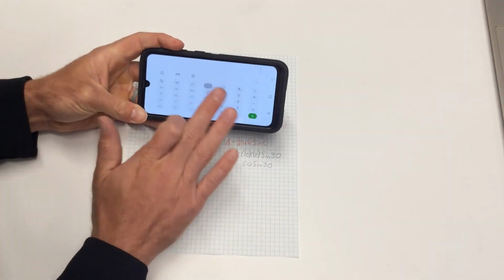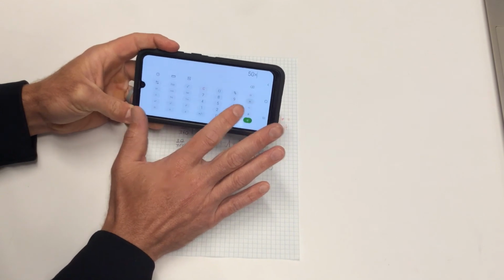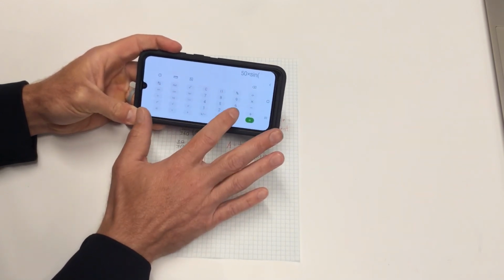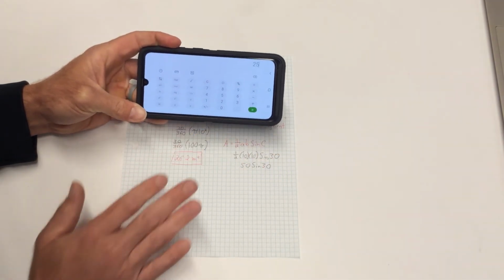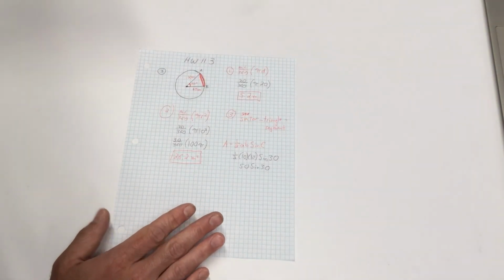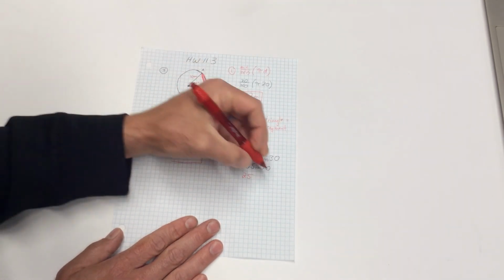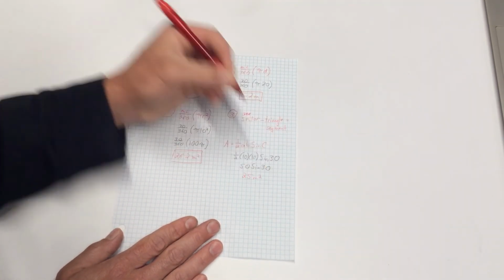Okay, so let's calculate that. 50 times the sine of 30 degrees, 25. Oh, that's a nice, beautiful answer. So the triangle, the delicious part of the pizza, is 25 meters squared.